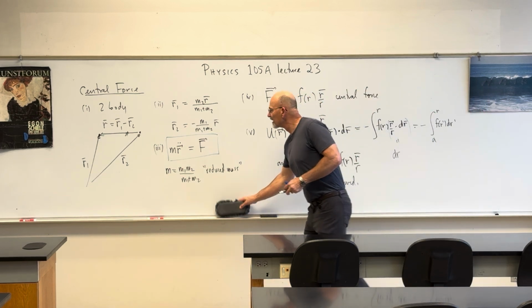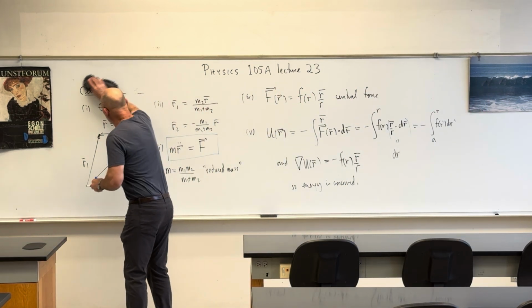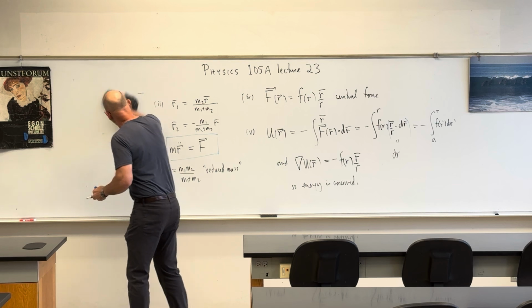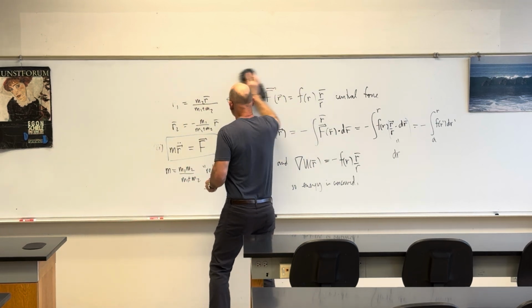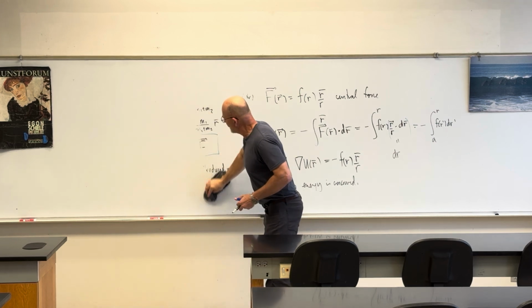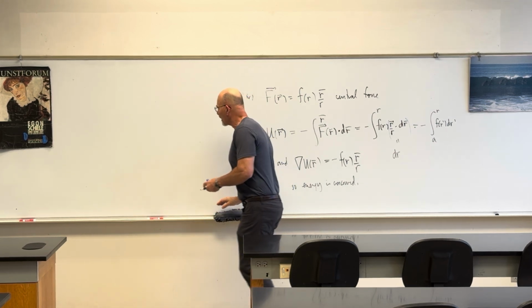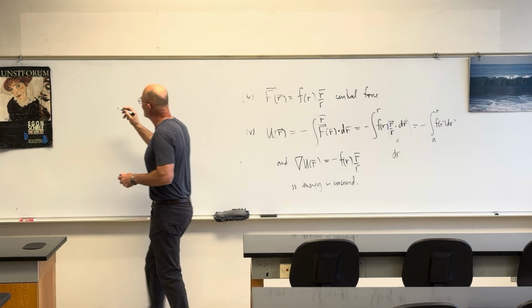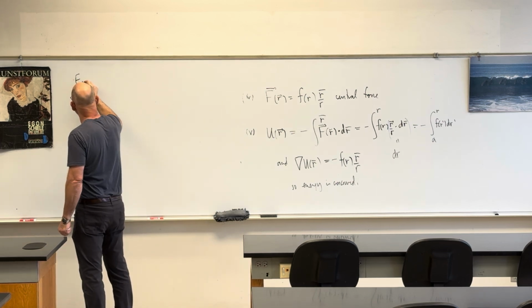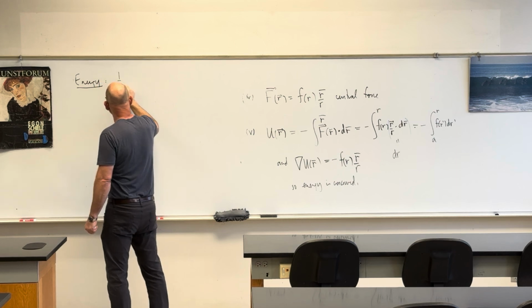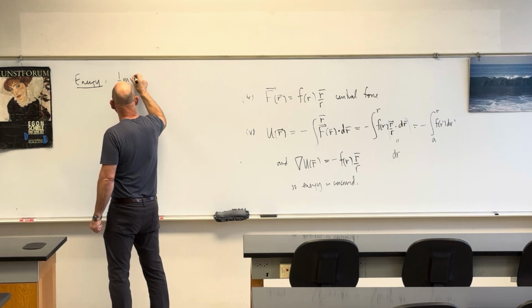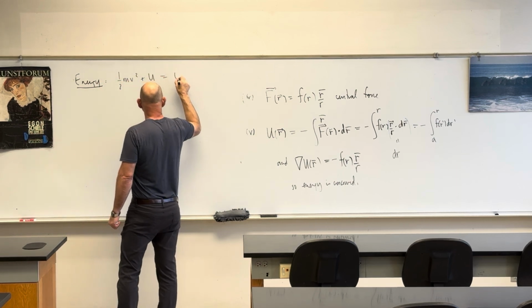So energy being conserved now follows the same pattern it did for one dimension that we had a while ago. So we're going to leave this up here. So energy, and you would say we've got 1/2 mv squared plus u equals E, right?